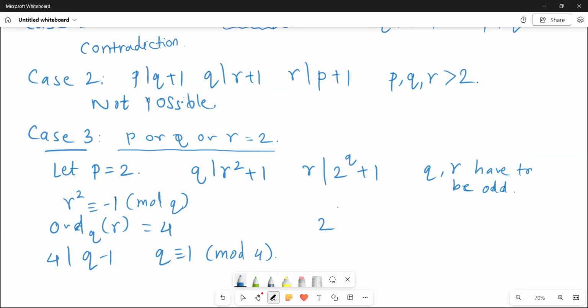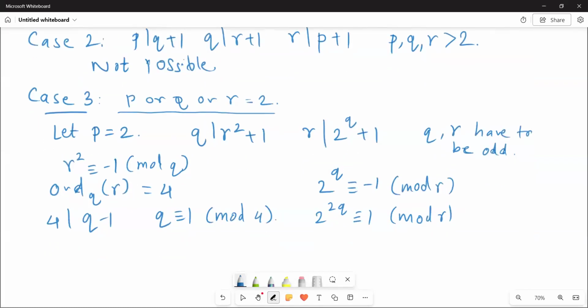And we know 2 to the power q is congruent to minus 1 mod r, so 2 to the power 2q is congruent to 1 mod r. Now what can we say about the order? The order is something among 1, 2, q and 2q.